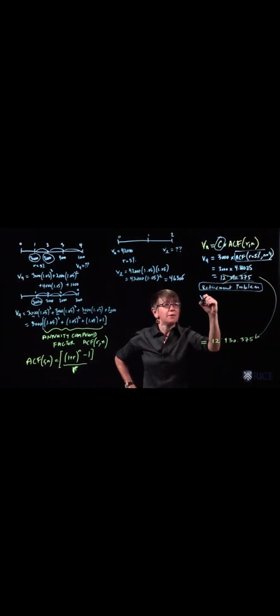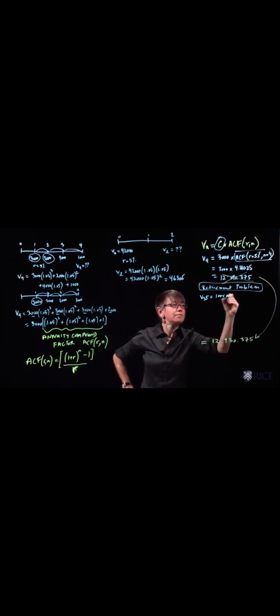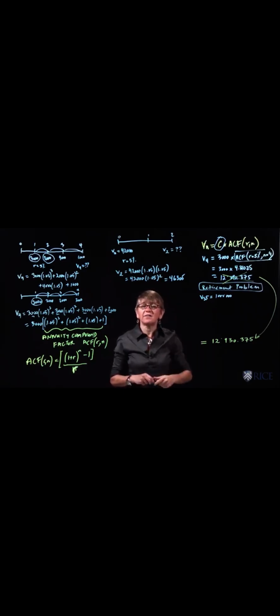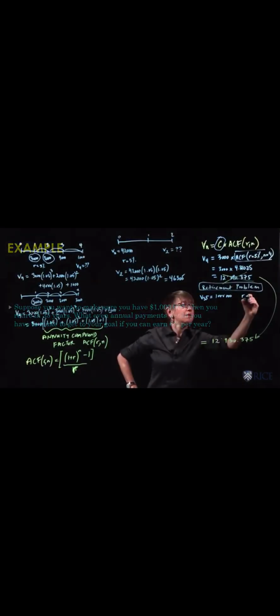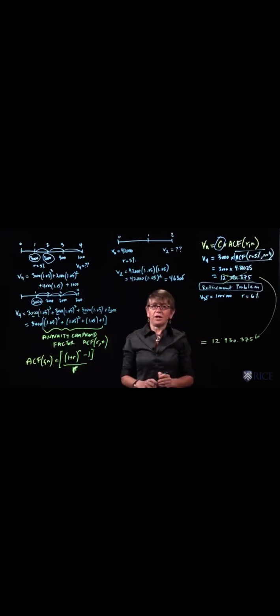Okay, so suppose you want to make sure that you have $1 million when you retire in 35 years. So that gives me the future value at t equals 35. That's our target. What even annual savings or payments would you have to make to get to your goal if you can earn 6% per year?